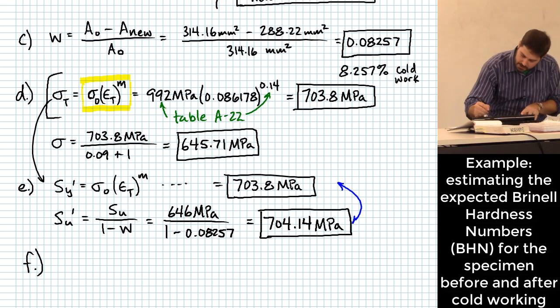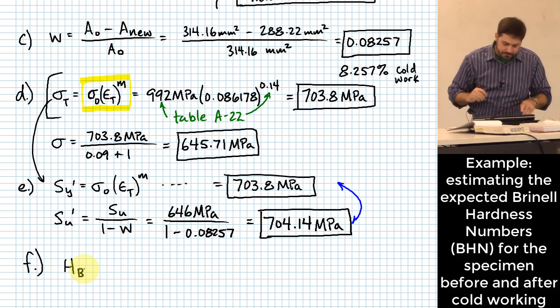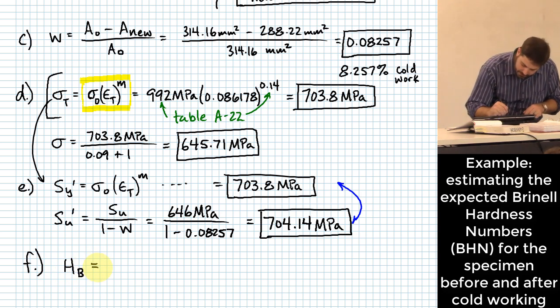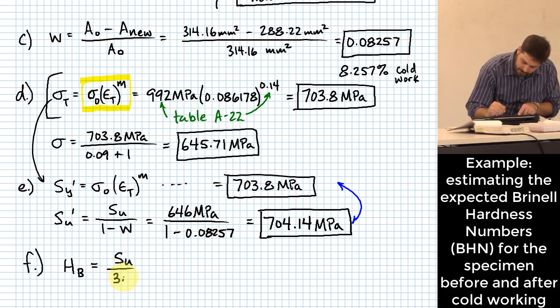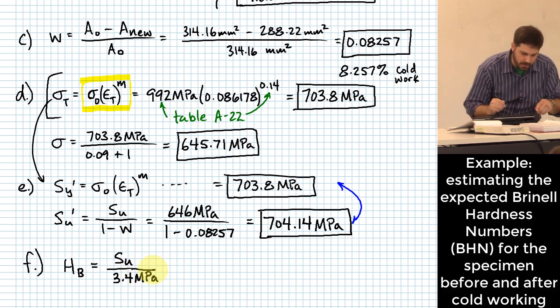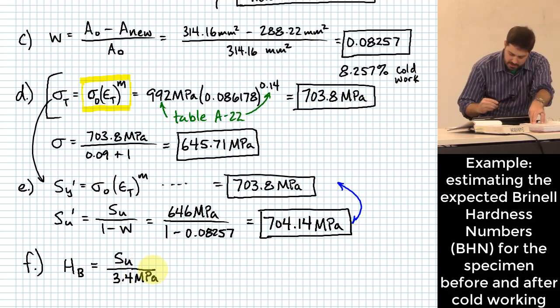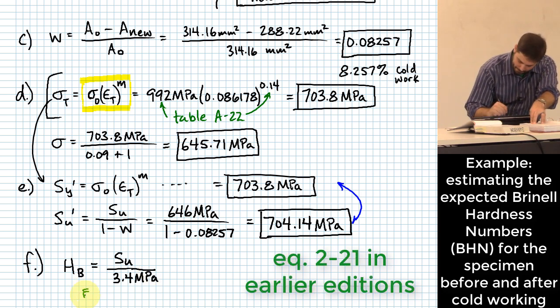All I wanted to do is just show you here that we can find the Brinell hardness before this cold working. This Brinell hardness is going to be equal to the ultimate strength before divided by 3.4 MPa. This is based on equation 236 in edition 11.